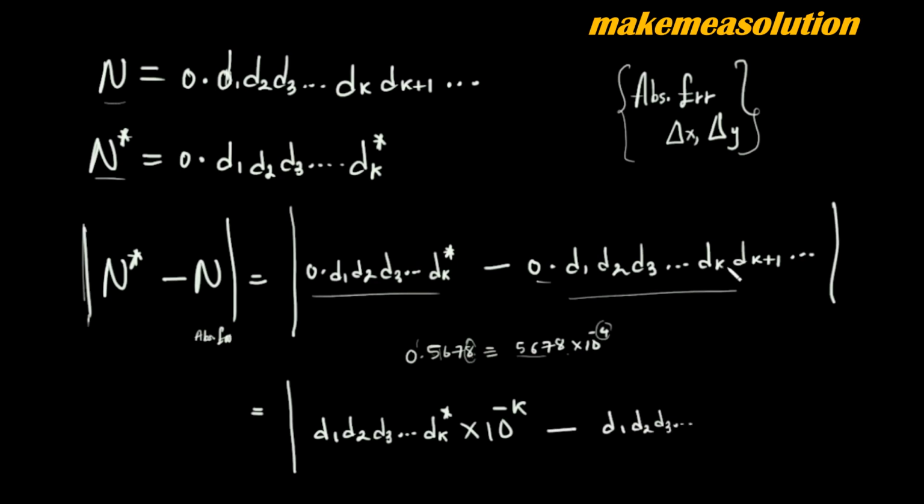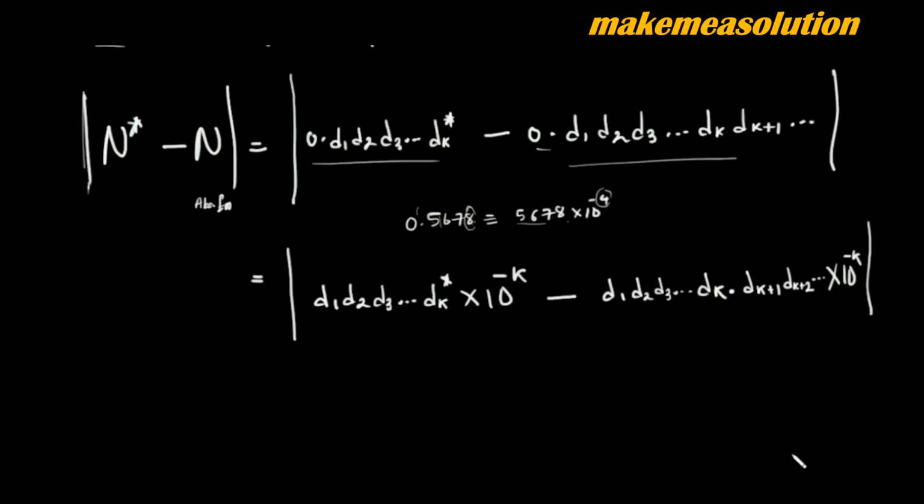Then we're also going to stop at the kth decimal point, which is going to be dk, but there's going to be a point, dk plus 1, then dk plus 2, and so on and so forth, then times 10 raised to the power of minus k, then in the absolute value symbol.